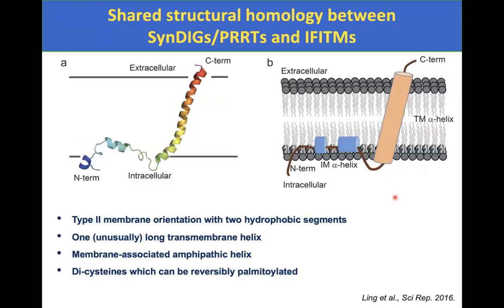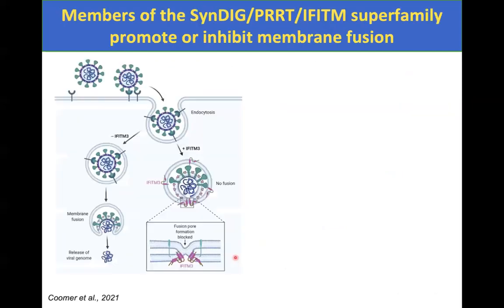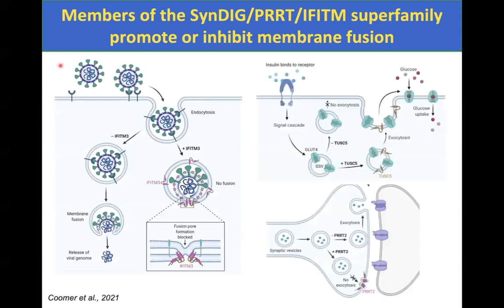There are also other potential regulations that we've been focusing on, but what's interesting is the fact that these molecules as a whole seem to promote or inhibit membrane fusion. So how are the SynDIGs regulating AMPA receptors and synaptic strength, and are they doing this through some sort of membrane fusion regulation step?